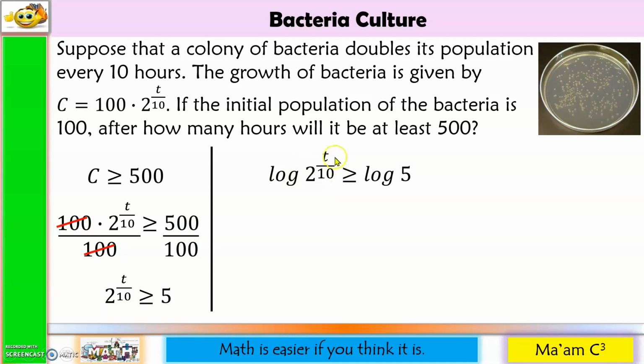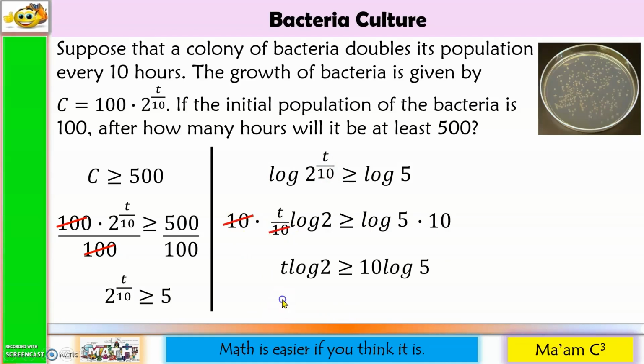Applying power law, I can bring down t over 10 here in front. And then to eliminate 10 here, I'm going to multiply both sides by 10. So 10 here will be cancelled out. So I have t log of 2 is greater than or equal to 10 times the log of 5. Since I only want the value of t, I'm going to divide both sides by log of 2.